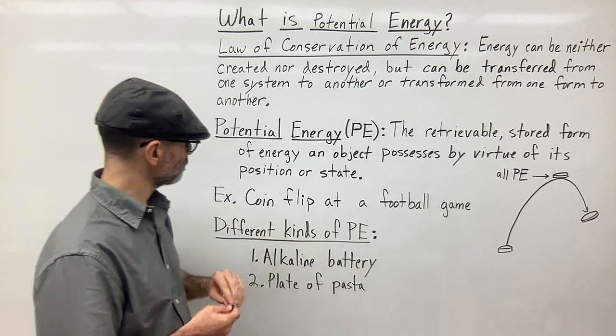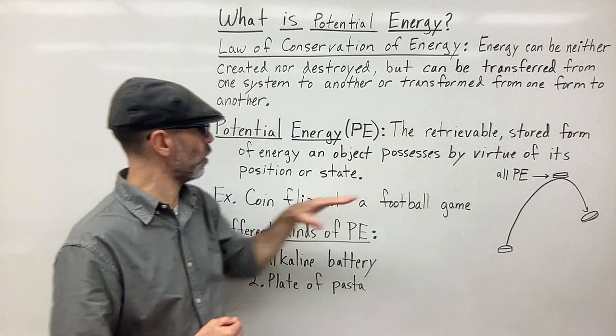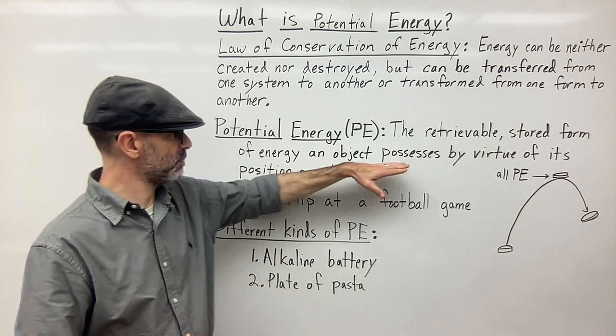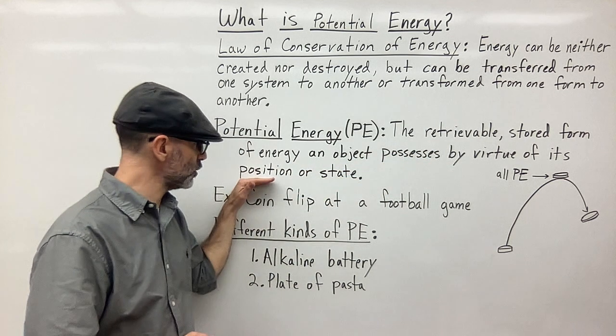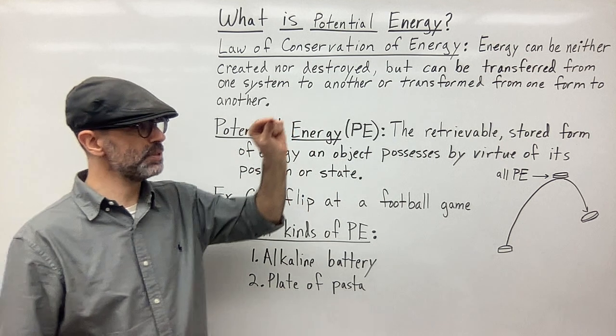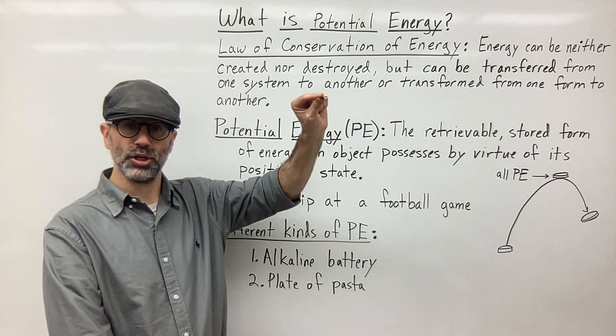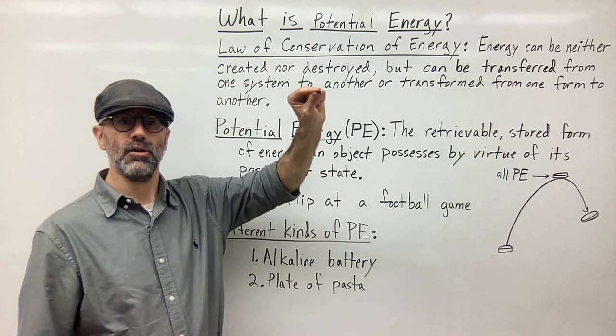So remember, potential energy is the retrievable, stored form of energy an object possesses by virtue of its position or state. So, position. The penny's position changes with regard to the ground or the earth, right?